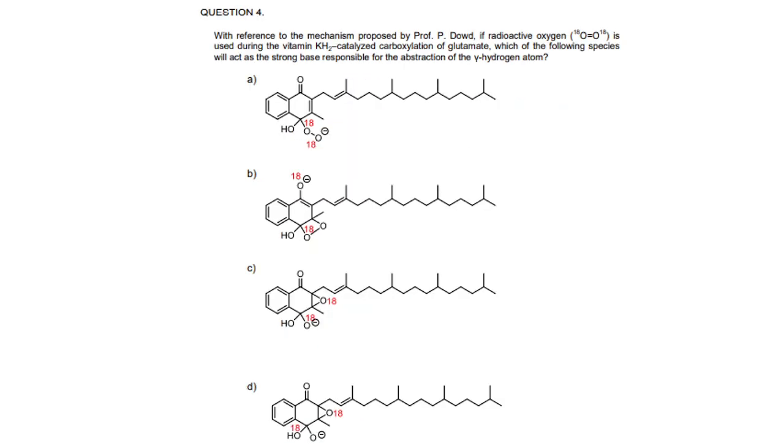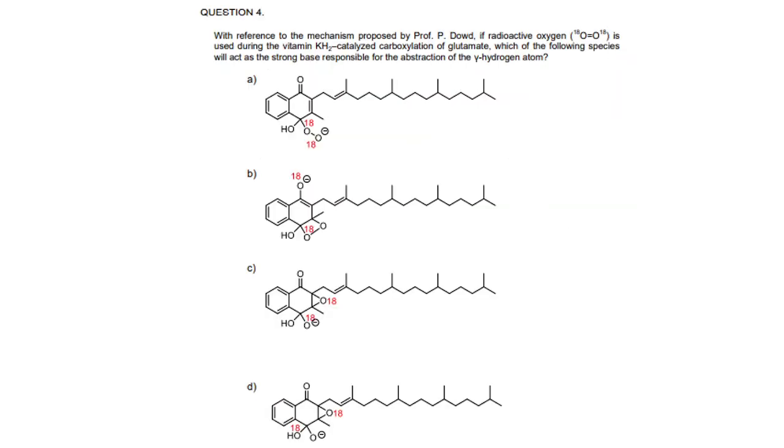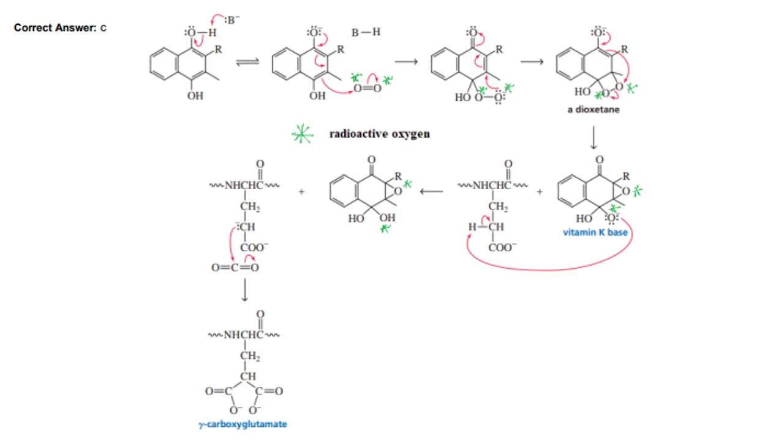Okay, so next: with reference to the mechanism proposed by Professor P. Dowd, if radioactive oxygen is used during the vitamin K2 catalyzed carboxylation of glutamate, which of the following species will act as a strong base responsible for the abstraction of the gamma hydrogen atom? We first need to know the mechanism. The base will abstract the proton.